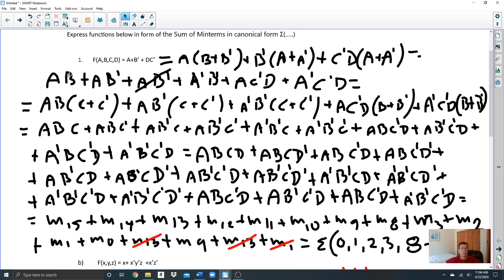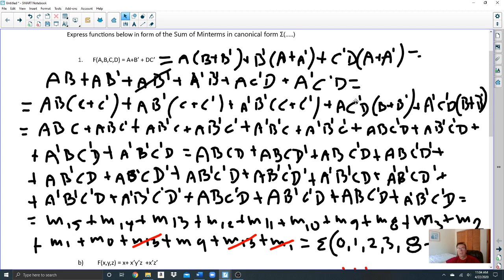Now let's look at this term, a times b. We're expanding it further into c plus c prime. We do the same thing with a b prime, expanding it into the missing c plus c prime. Now a prime b prime is expanded right here.